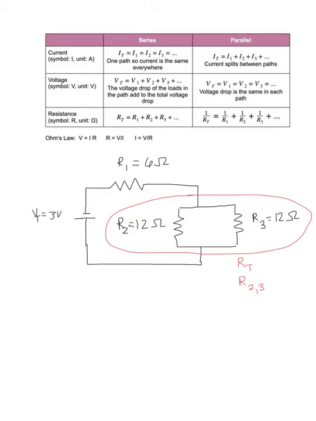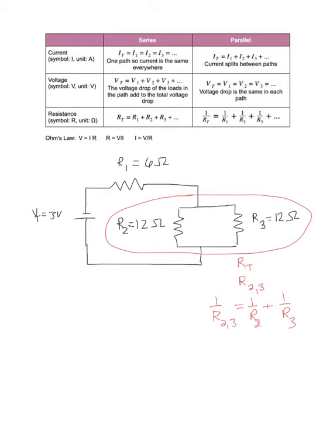Because these are in parallel, if we want to combine resistors 2 and 3, we're going to have to use this formula right here, where we take 1 over R total, but the total is just going to be for 2 and 3, not the whole circuit. And we're going to add 1 over R2 and 1 over R3, the two that we're combining. So we're just taking this portion of that circuit that's parallel and finding a resistance that we can think of as 1.